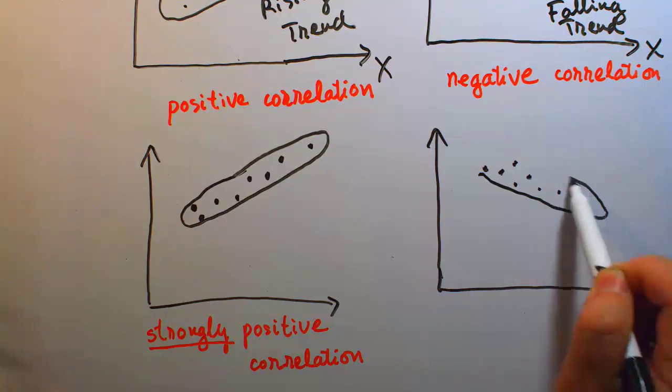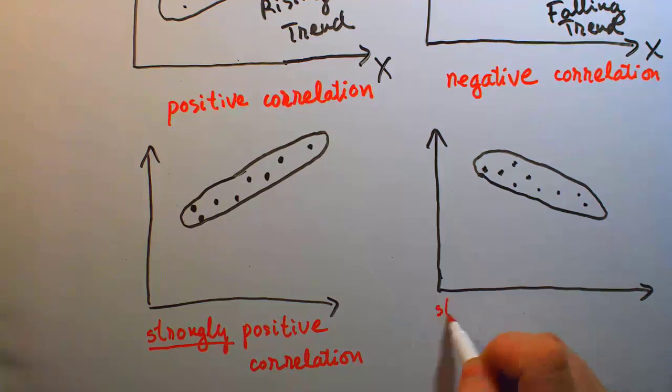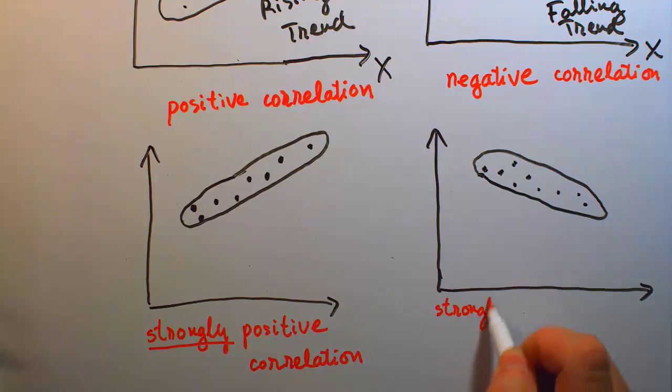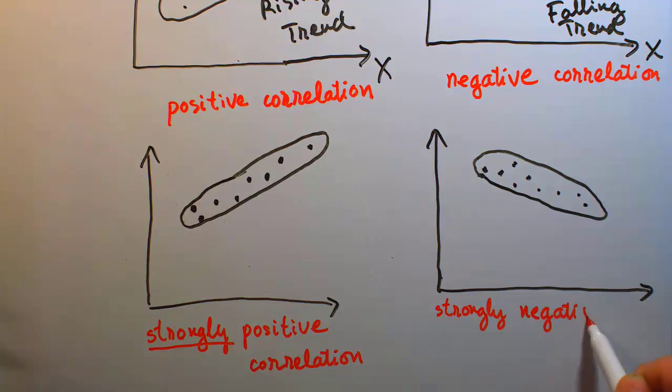Something like this is referred to as, and we can make a good guess here, a strongly negative correlation.